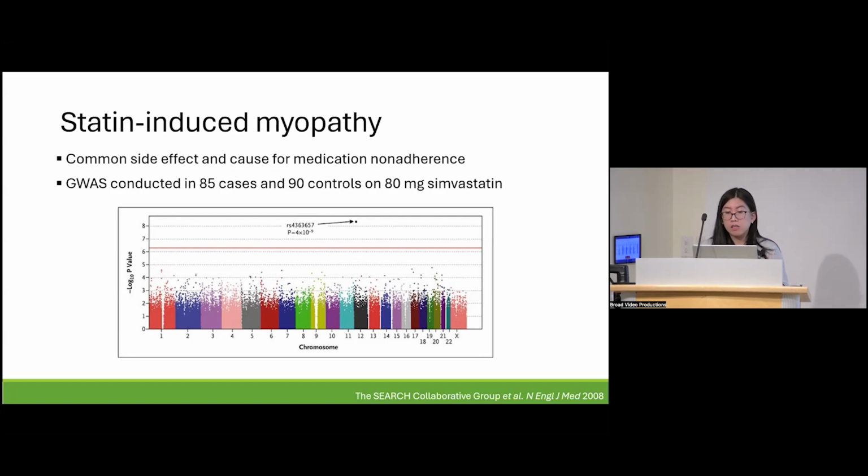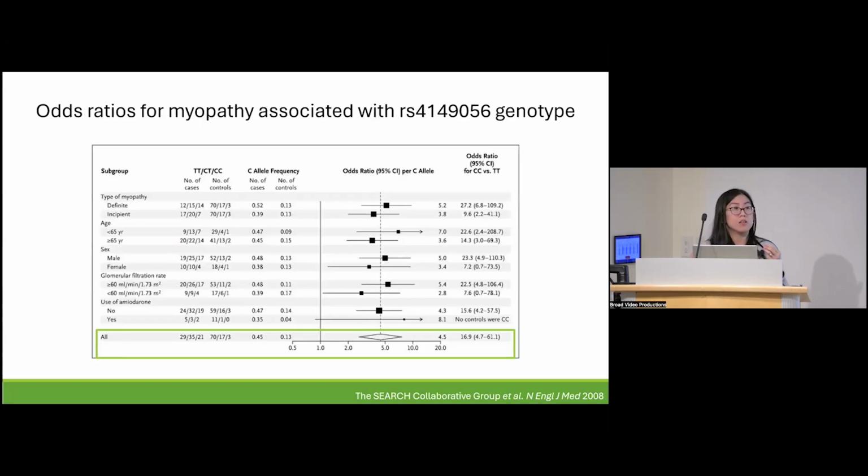It was in strong linkage disequilibrium with another variant, which I'll show in the next slide, which actually was the variant that causes a decreased function of the transporter. And for those who carried it, the odds ratio for myopathy was 4.5 per effect allele. So this is quite significant in terms of effect size.